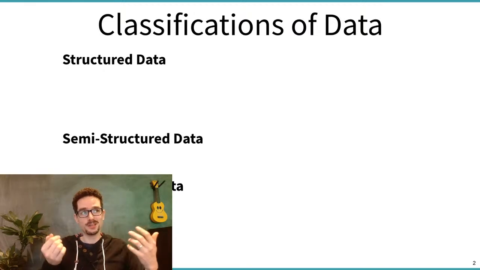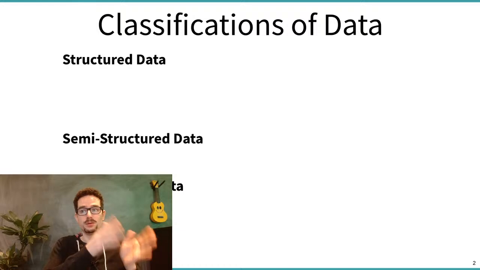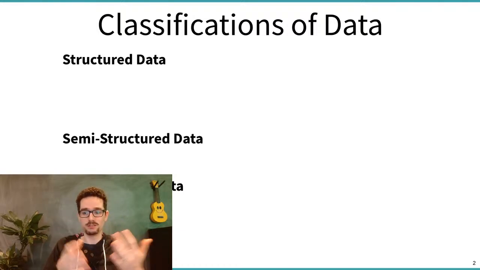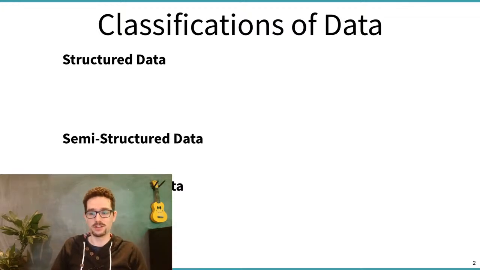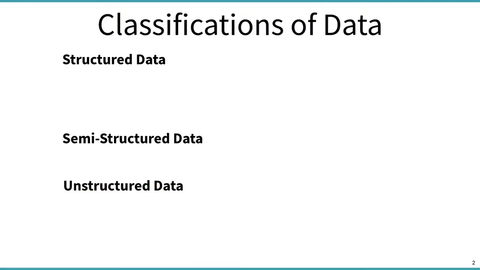Multimedia means many media. For example, a video consists of images and audio and further information like subtitles or metadata for describing the video. We will not look at multimedia data today. We will take a look at structured data, semi-structured data, and unstructured data.